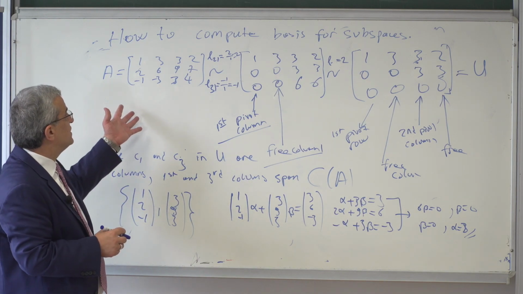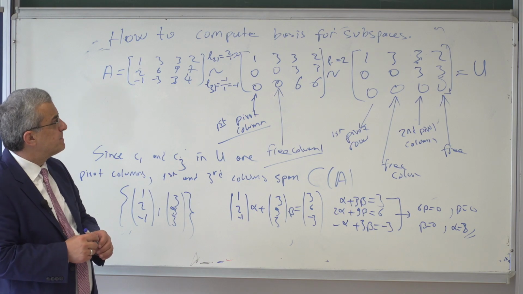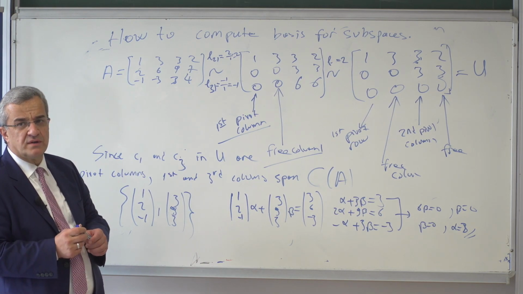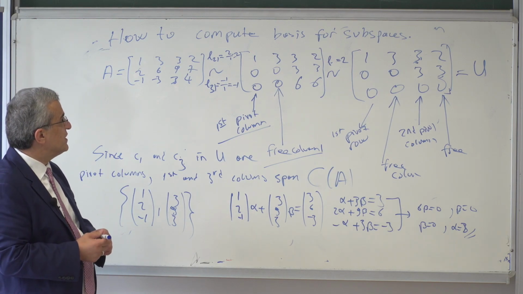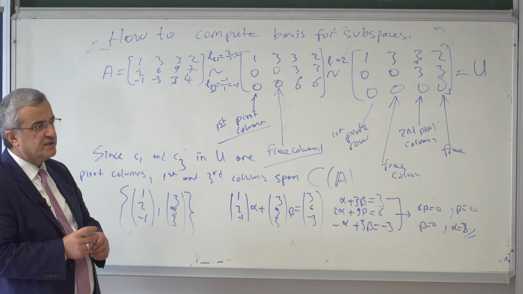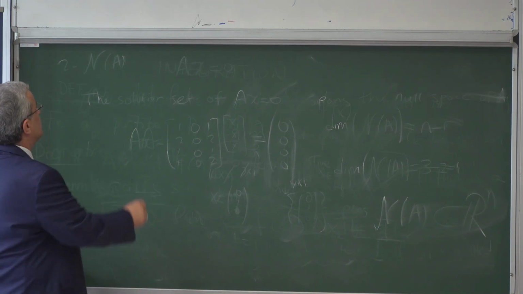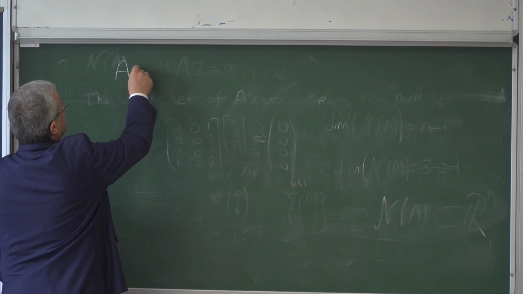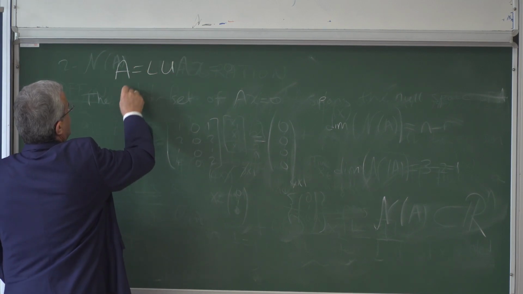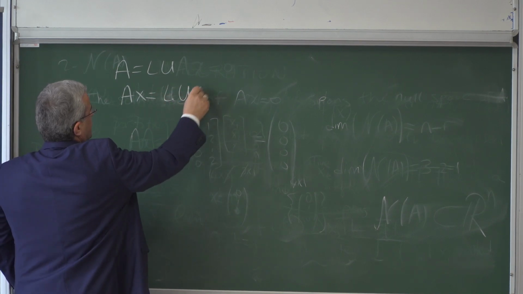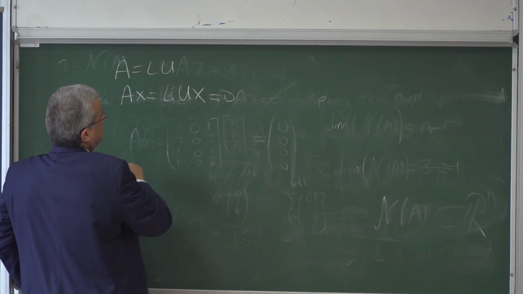How about the null space of A? Okay? Null space of A. How do you find that? For null space of A, you just need to solve. See, A is LU, right? So AX is equal to LUX is equal to 0.